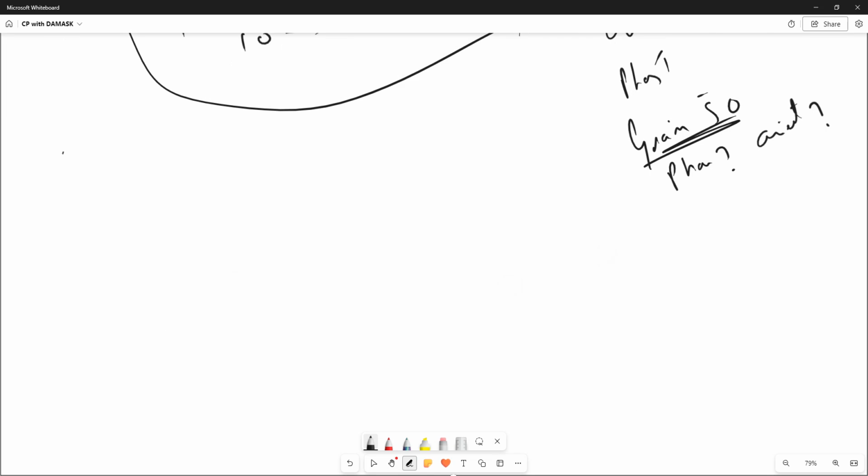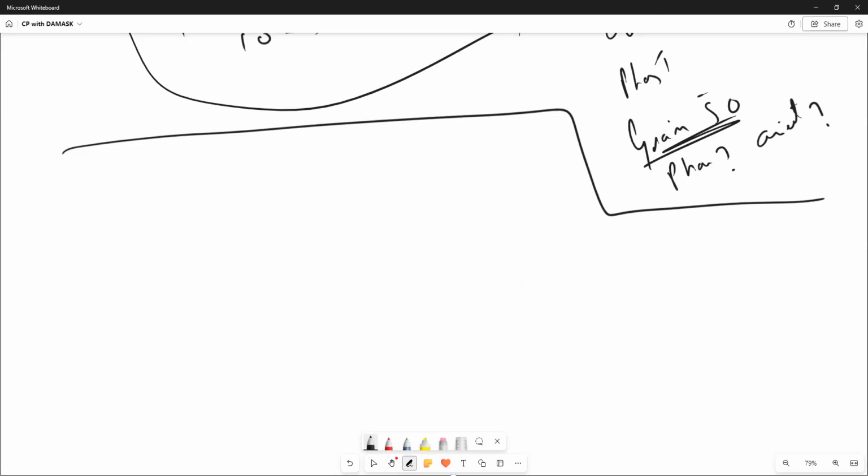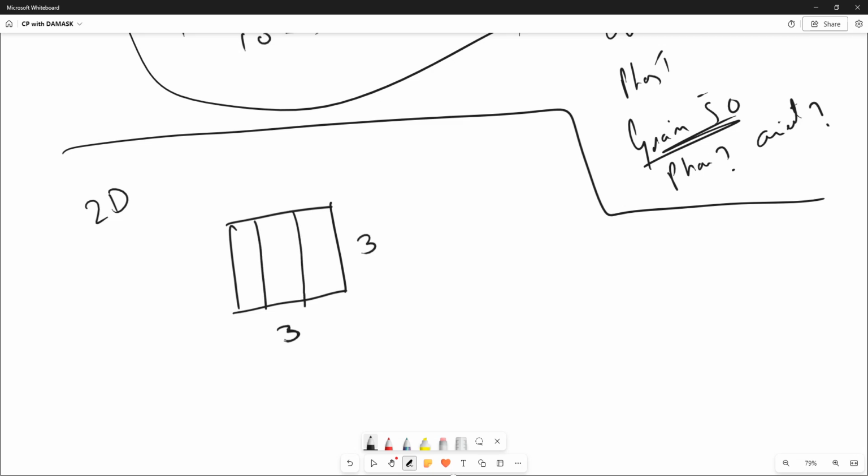Let's take another example. It will be easier for you to understand. I want to define a material which is still 2D. Okay, so it has a 3 by 3 resolution. We are calling it resolution. This means it will look like this.